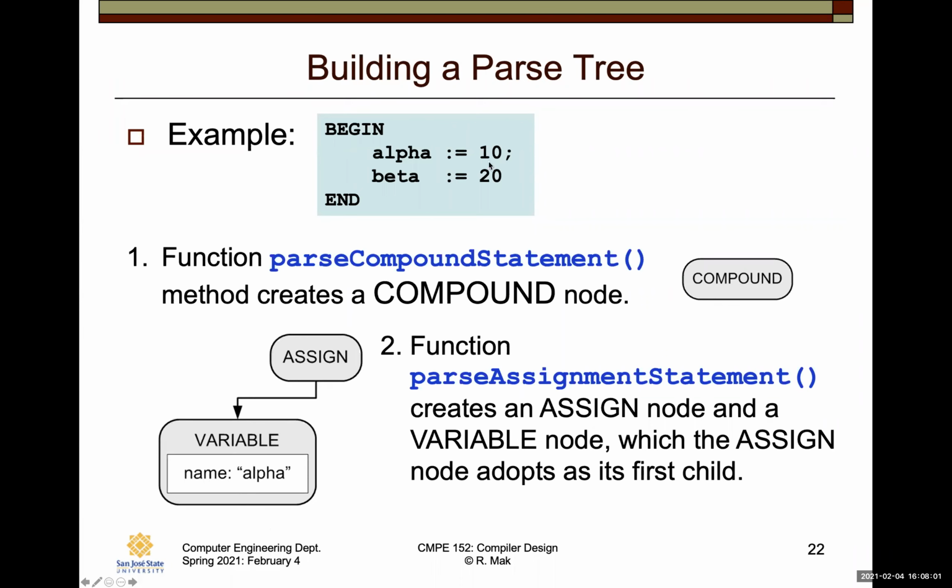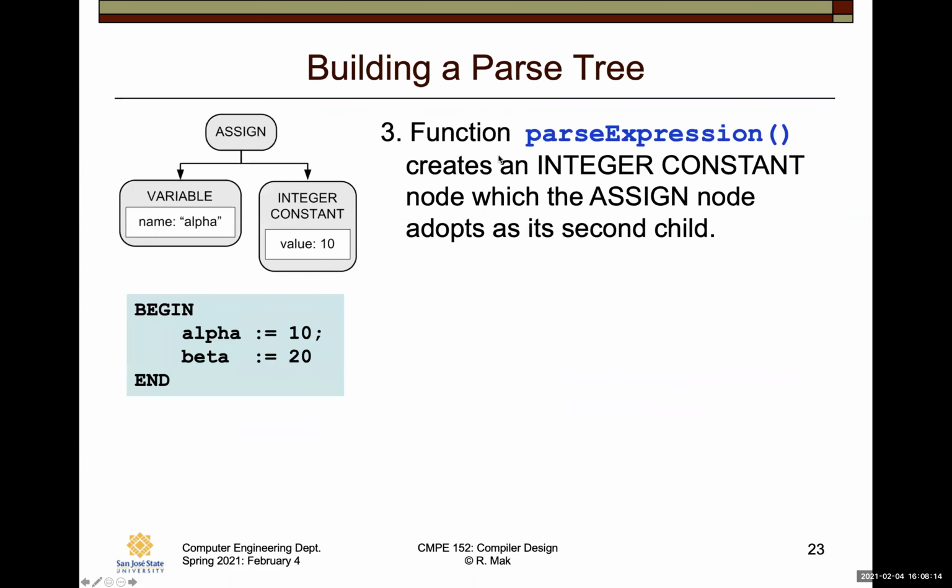Now it has to parse the right-hand side, which is an expression. In this case, it's a very, very simple expression. It's just the number 10. And so we will adopt an integer constant node. Parse expression will then end up creating only an integer constant as a node, and then that node is adopted by the assignment node. And so now the assignment node has its two children.